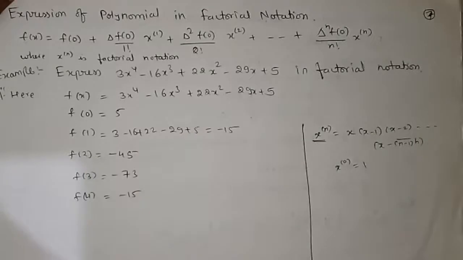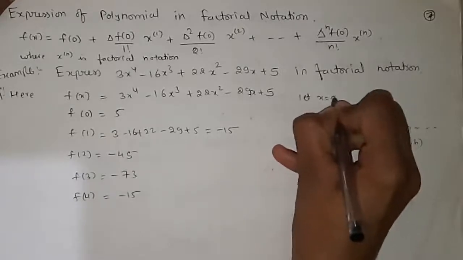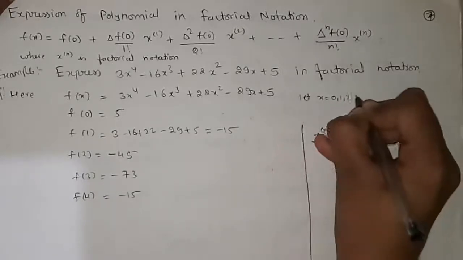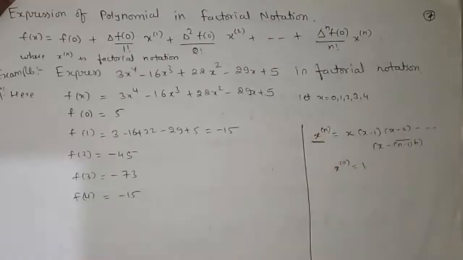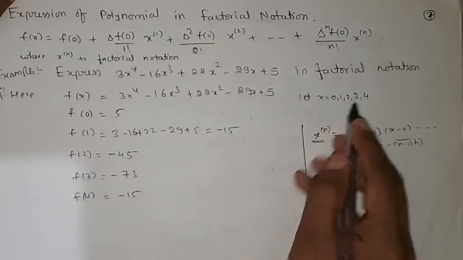We know that to draw the difference table, we need x, and according to that x, we have to find f of x. So we are considering x is equal to 0, 1, 2, 3 and 4. Then according to this x, we will find the entries.